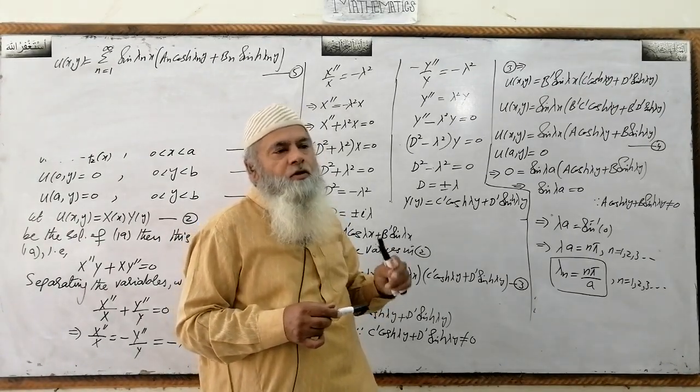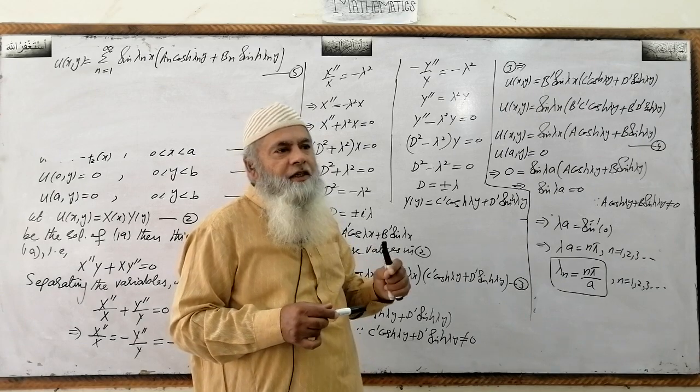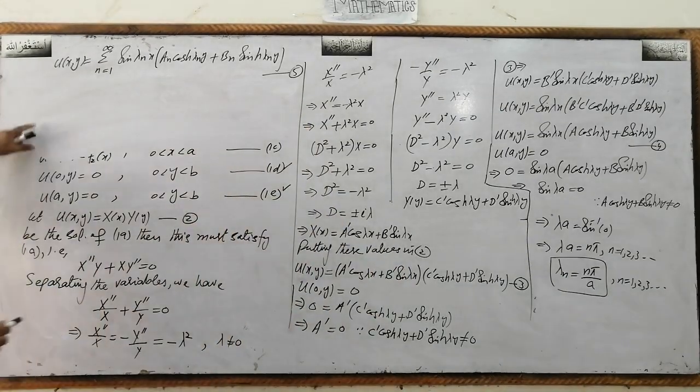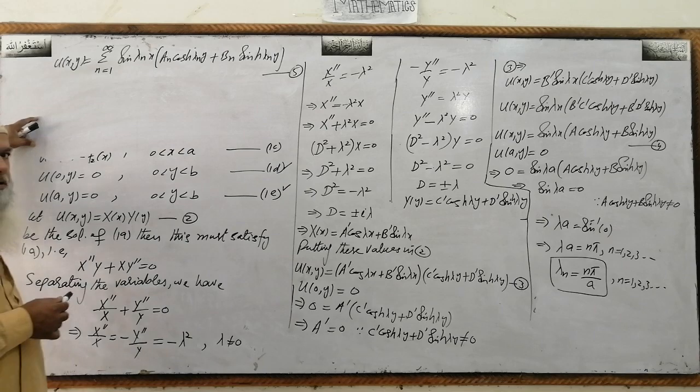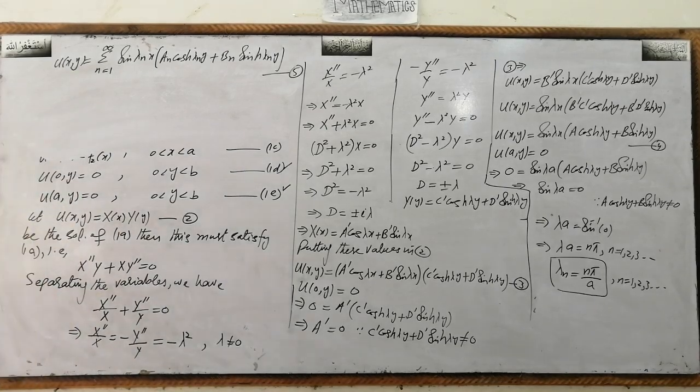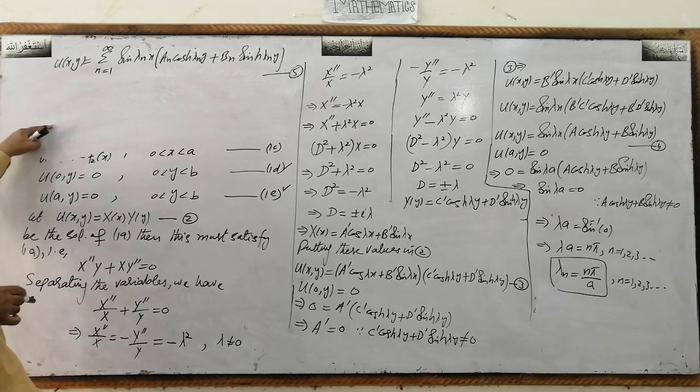What were those boundary conditions? u(x,0) is equal to f1(x), and the other, u(x,b) is equal to f2(x).